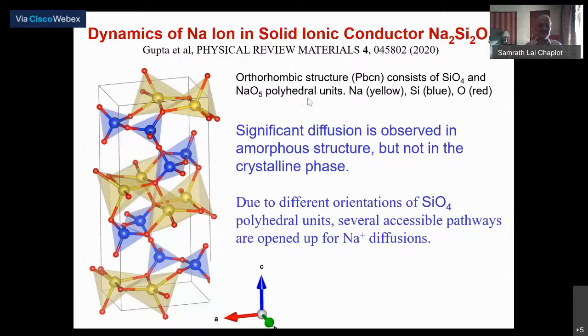Quite often, if you have a perfect crystal structure, no vacancies or defects, then the diffusion is going to be negligible. The moment you have some defects, like vacancies, then some of the atoms can diffuse from the lattice sites to the vacant sites, and so on. So the diffusion can be initiated by vacancies or around defects.